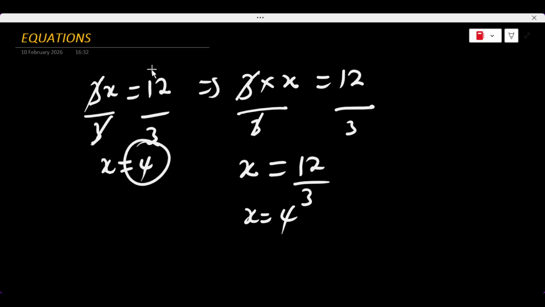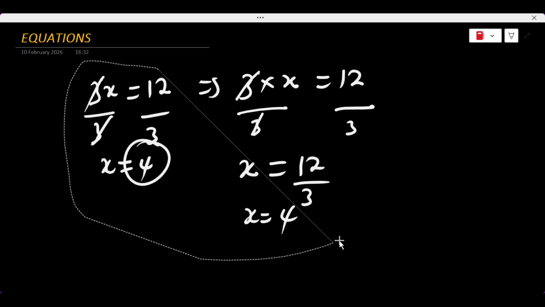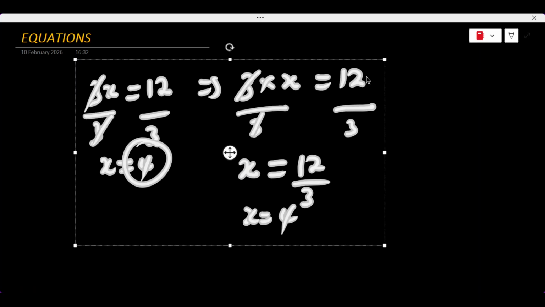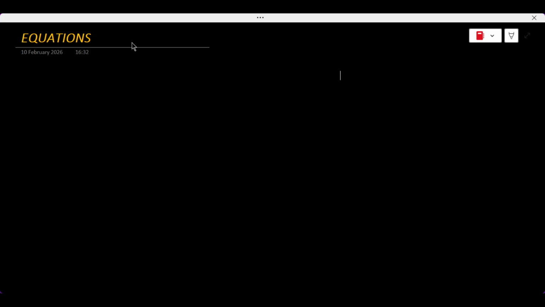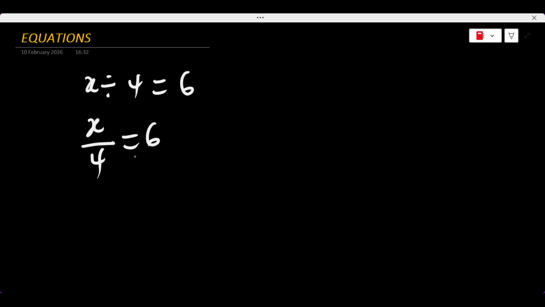All right. So let's look at another example. If the equation has a division sign, what do we do? So we have our next example, which is x divided by 4 equals what? 6. This can also be written as what? X over 4 equals 6.